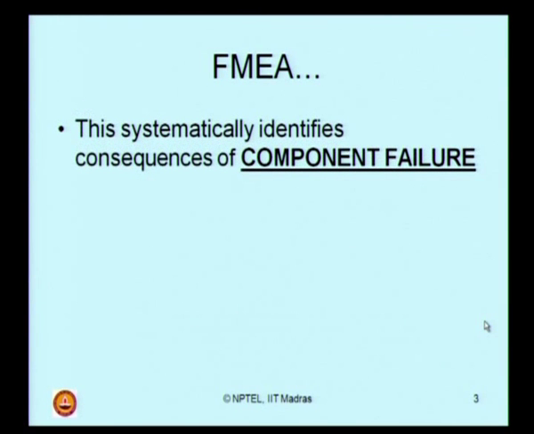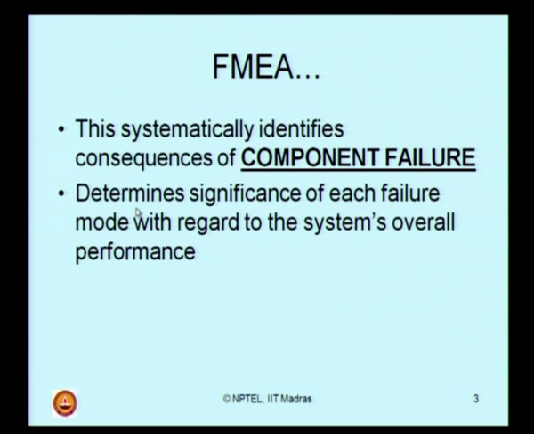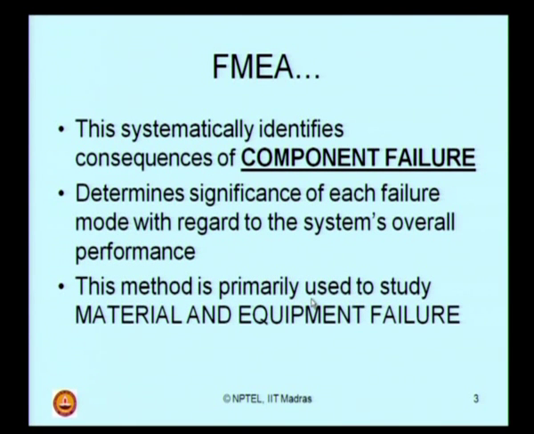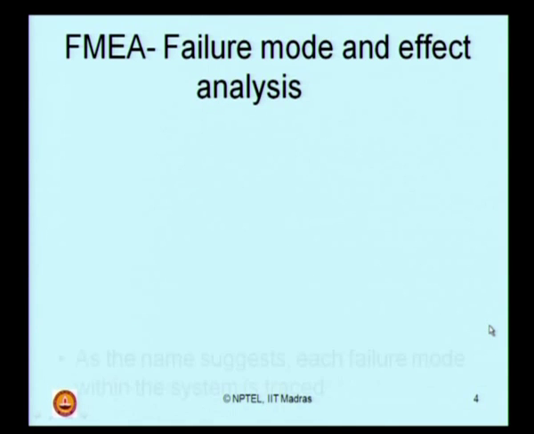If you look at FMEA, this systematically identifies consequences of component level failure. This determines significance of each failure with regard to the system's overall performance. This method is primarily used to study material and equipment failure.